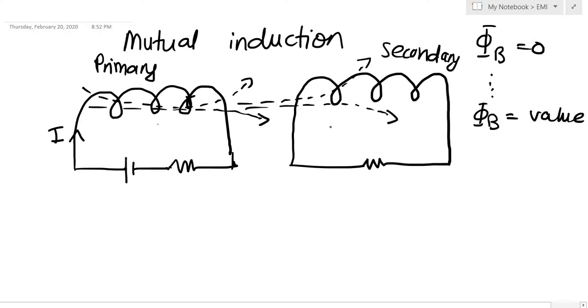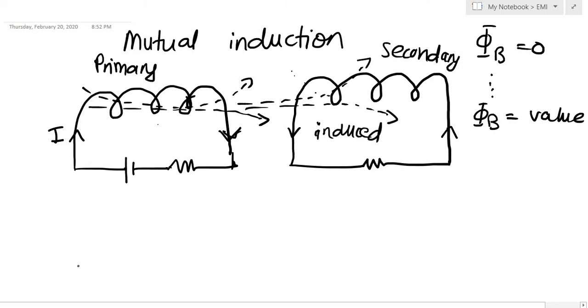Now this change will cause an induced current to flow. We set up an induced current in the secondary inductor, so as to oppose the increase. Now you can say that it will try to create its own magnetic field in this direction, and then you can find the direction that the current will flow. So now the direction of current is reversed from what the direction was in the primary.